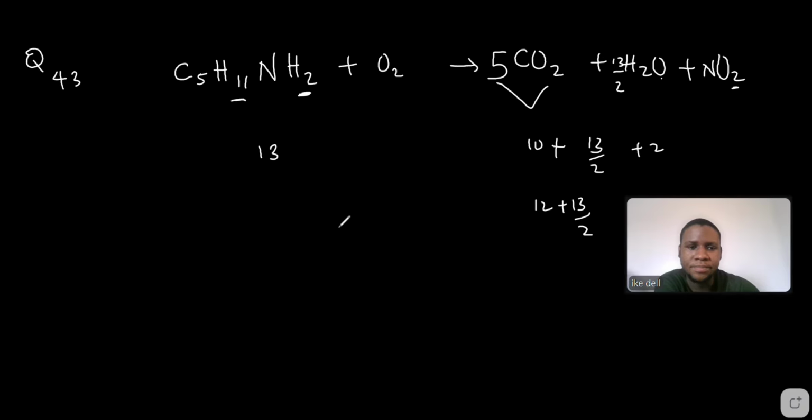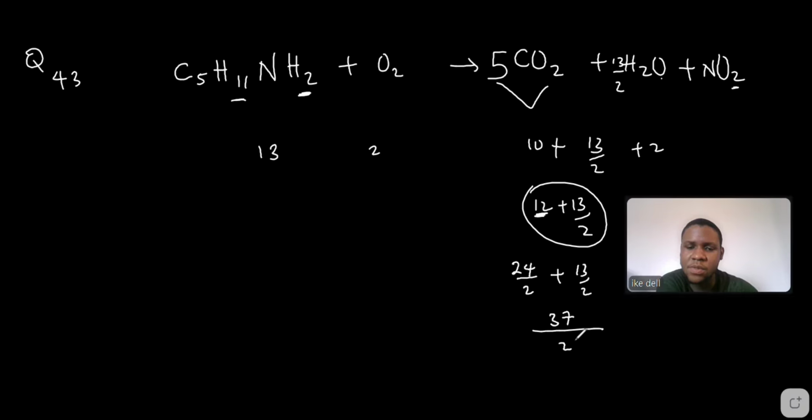Let's try to simplify all this. This 12 is actually 24 over 2, and this is 13 over 2. So 24 plus 13 gives us 37 over 2. That's how much oxygen we have on that side in total.